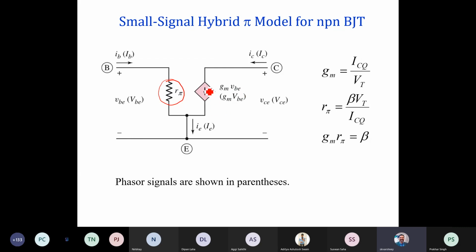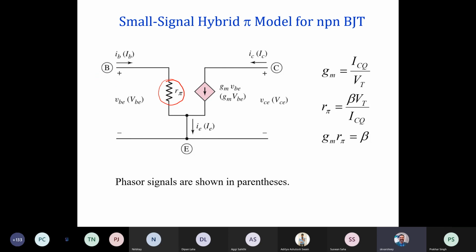That's the symbol of the current gain, and that's the input. VB is an instantaneous AC signal which is fed into the base to emitter junction. There's no component yet on the circuit.